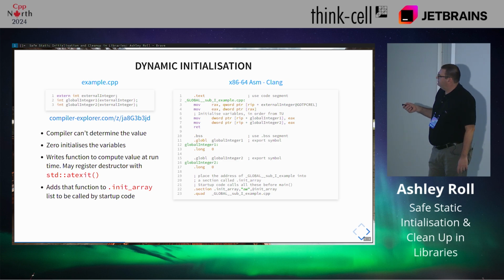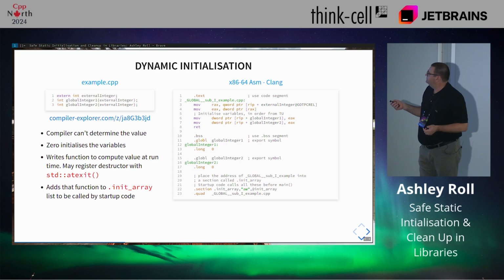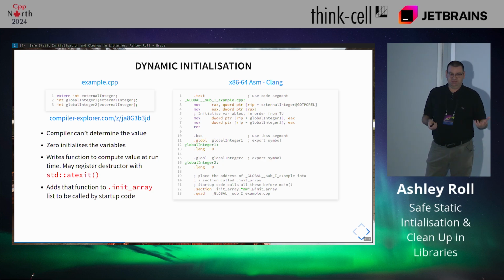Now, the compiler creates this function here, and this function contains the code required to initialize our variables. So you'll see it's reading the external integer here, and it's putting them into our two values here at runtime. So how does this get called? Well, there's a special segment called init_array.